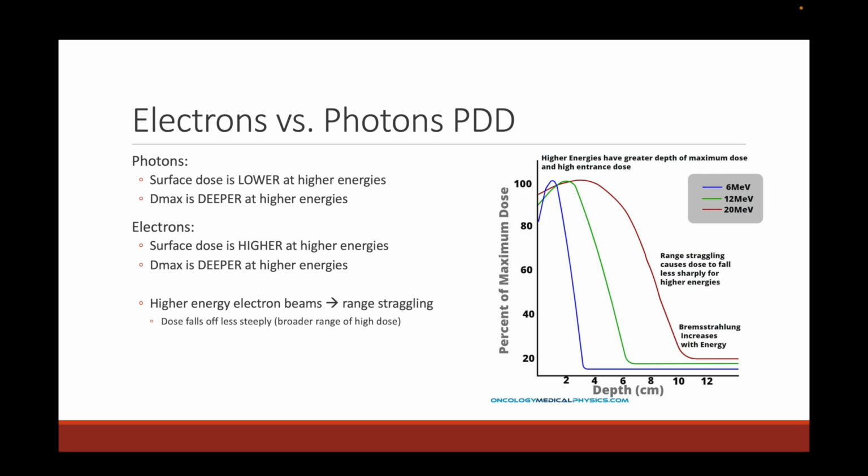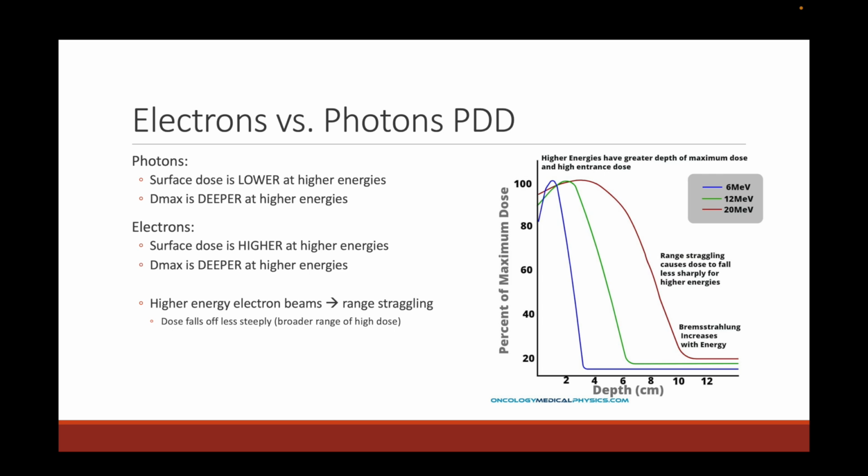So let's review from our discussion on photons. Remember, we talked about how the surface dose is lower at higher energies. So lower energy photons actually tend to have a higher surface dose, so there's kind of an inverse relationship there.